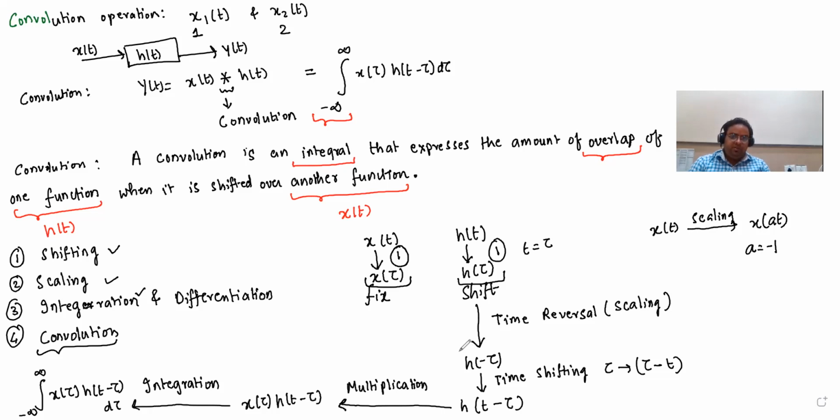So we want to shift h of t over x of t. And for shifting h of t over x of t, we are essentially performing all these operations: time reversal, time shifting, multiplication, integration. All these operations are intended to basically shift that h of t over x of t. And we'll see how that happens. That can be seen with the help of an example only. So we'll solve an example for this particular case.